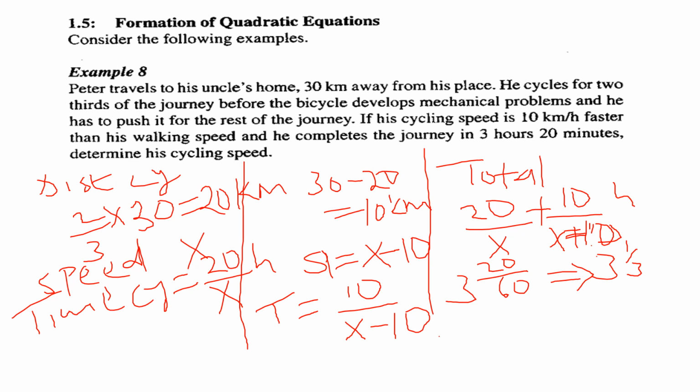Now, for me to get the total time he took, that is the total time he cycled and also the total time he walked, in this case, the total time we have been told is 3 hours 20 minutes.